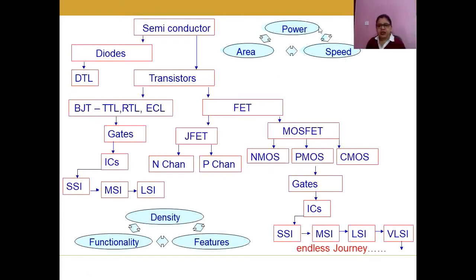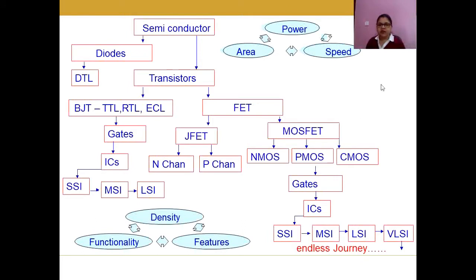So basically there is a trade-off between the three. If any one out of these three is getting reduced, then on the other hand it is increasing the other two. That's why it's the biggest trade-off triangle between area, power and speed in digital VLSI design. Wherever the optimum result is achieved, that device is chosen.